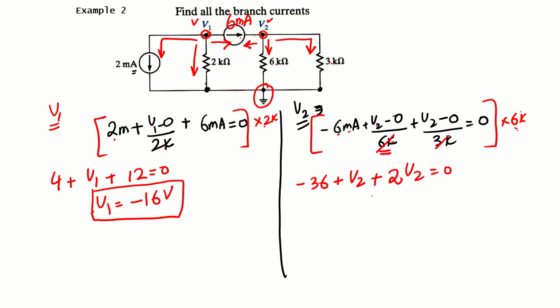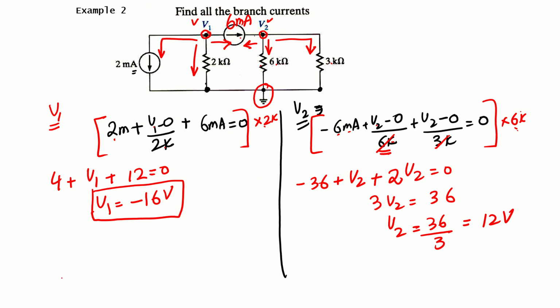So 3 times V2 is equal to 36, or V2 is equal to 36 divided by 3, that comes out to be 12 volt. So we have the value of V1, that is minus 16 volt, and the value of V2, that is 12 volt.